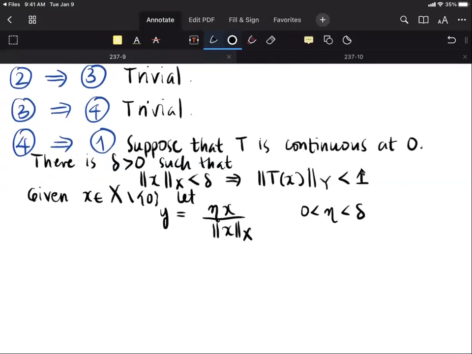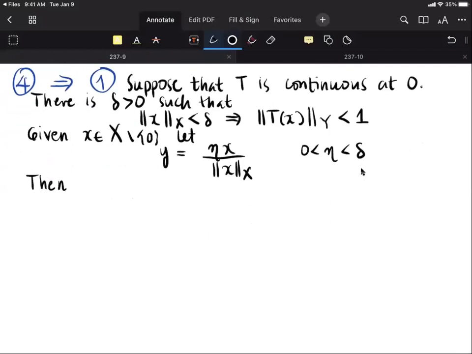Then if we calculate the norm of y, you apply homogeneity. This is equal to eta, but since eta is less than delta, we know that the norm of T of y, according to this property, is less than 1.